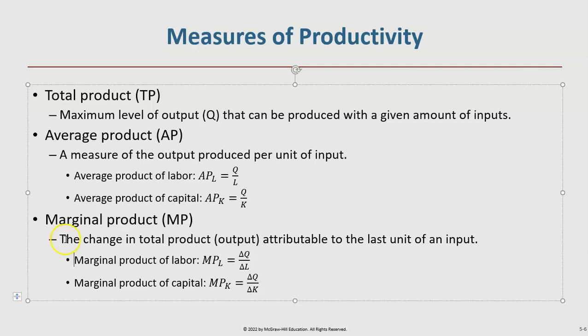And then the marginal product of capital is similar. Okay, but we have the change in capital here, and we're operating in the short run. So typically we won't be working with the marginal product of capital in this lecture, but it's equal to the change in quantity produced divided by the change in capital.